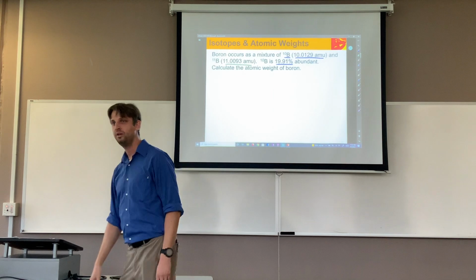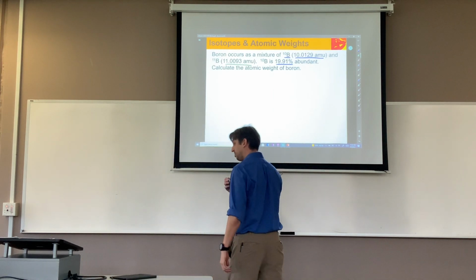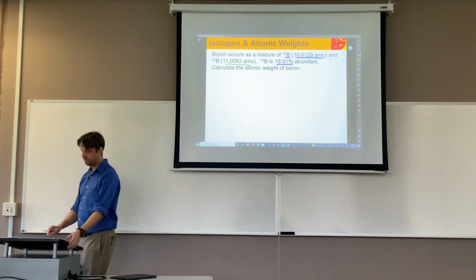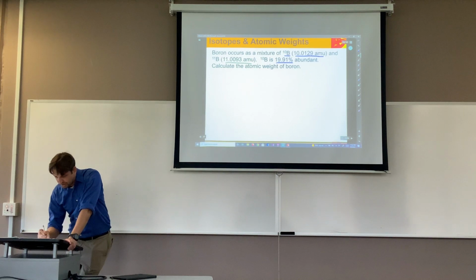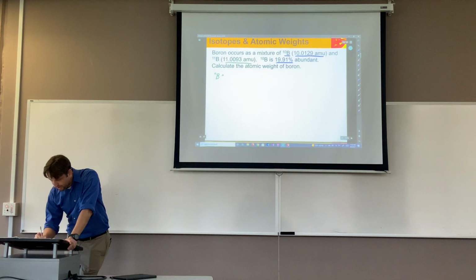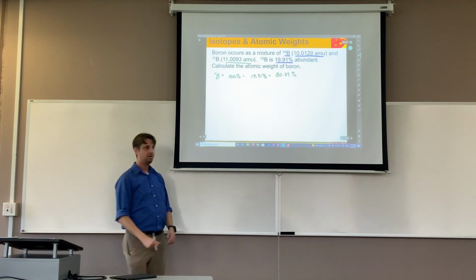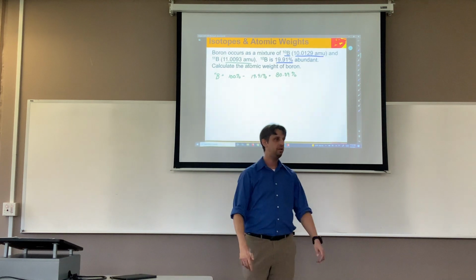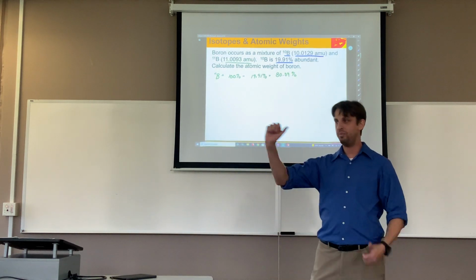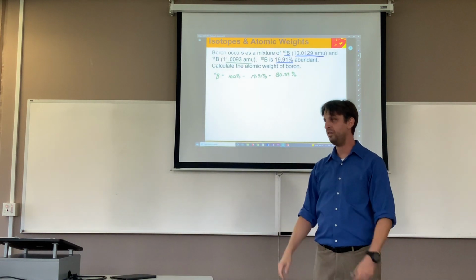So it's not explicitly stated, but it's implied. So for boron 11, 100% minus 19.91% is 80.09%. Good? Now do I have abundance and mass for all the isotopes?